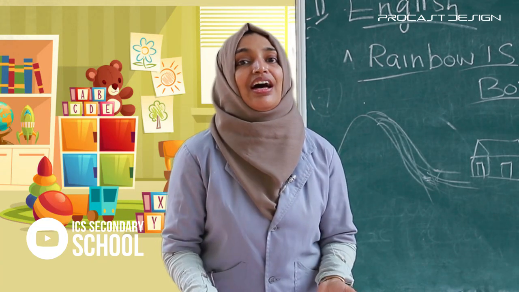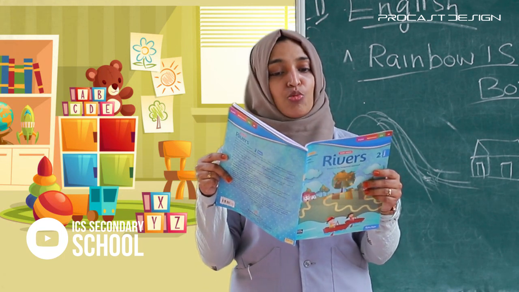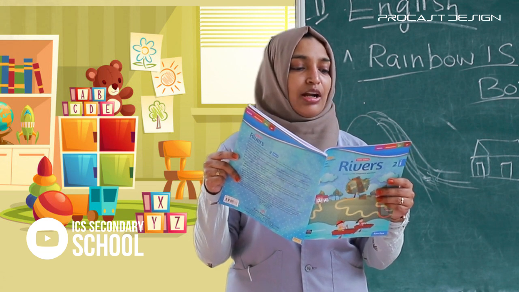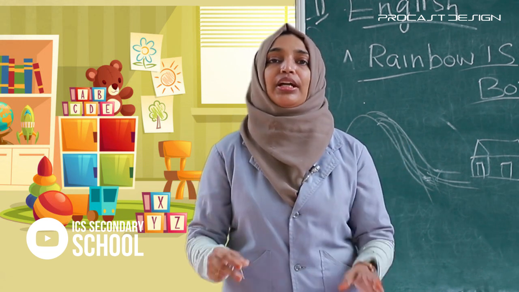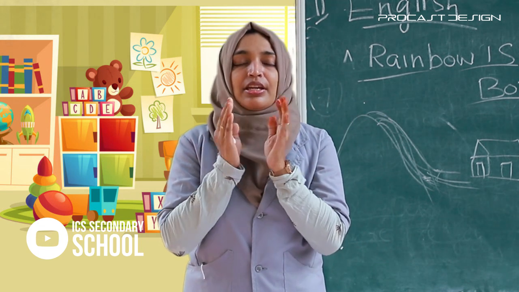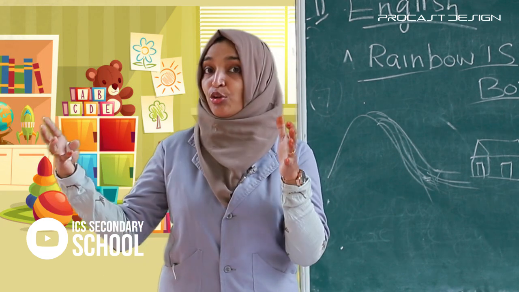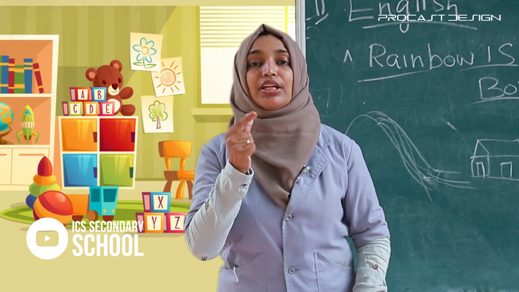So he felt that. What did he feel? Bob carried pots of violet, indigo, blue, green, yellow, orange and red paint into the garden. He took his color pots. He has a lot of color pots in his home and he brought them all to his garden. And what is he going to do?